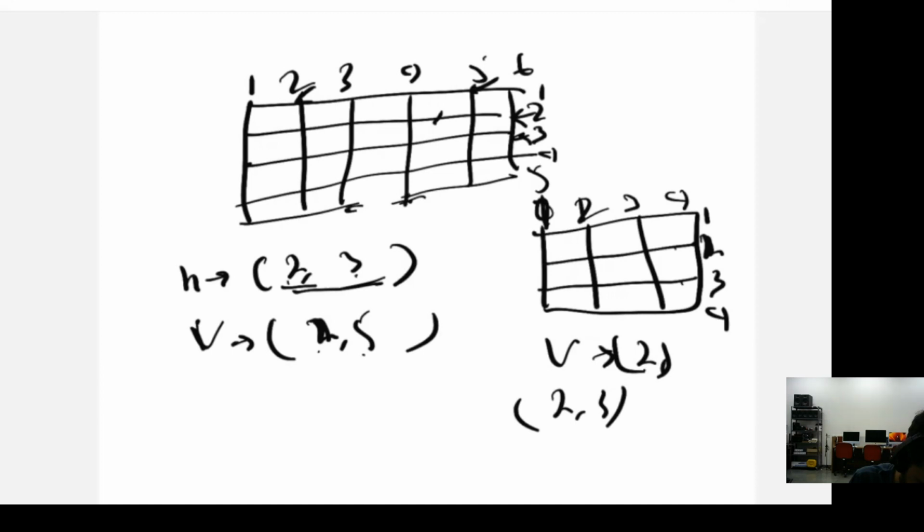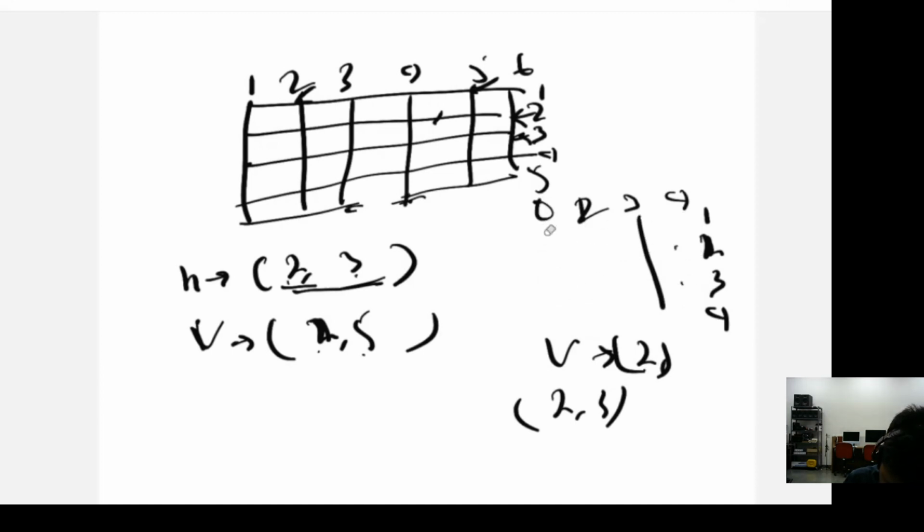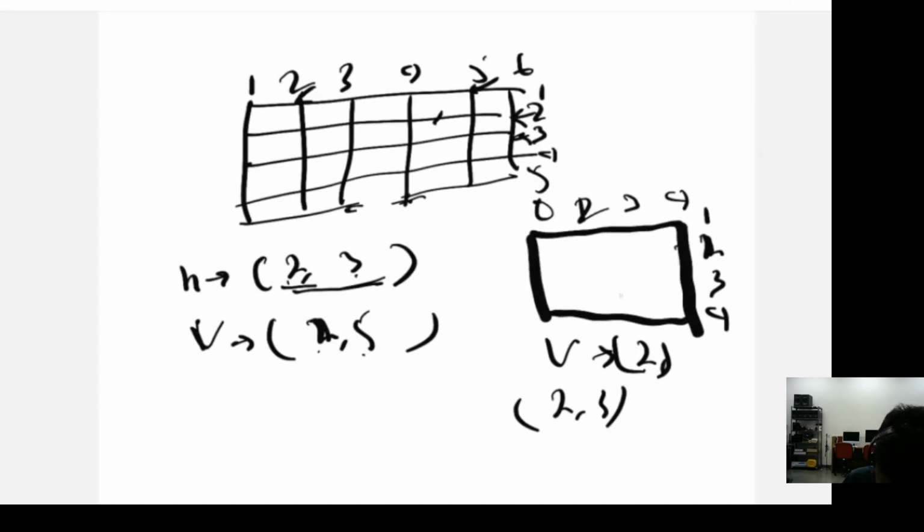So let's erase this one. After removing all the horizontal lines, you will have this much horizontal area, and you have removed only the second vertical line, so you are having this area.